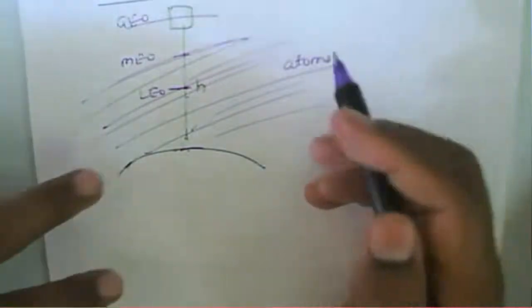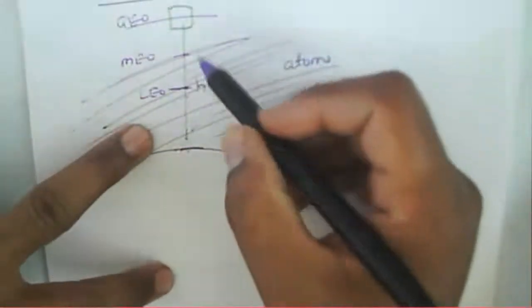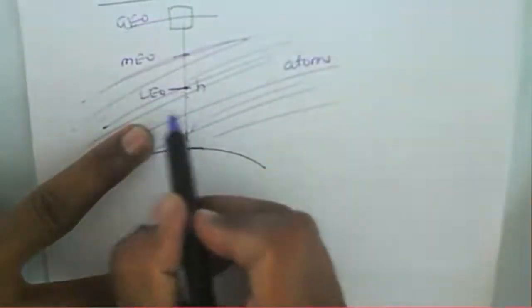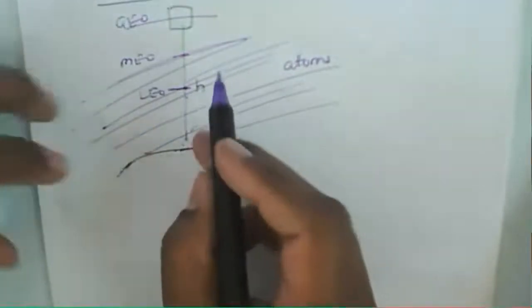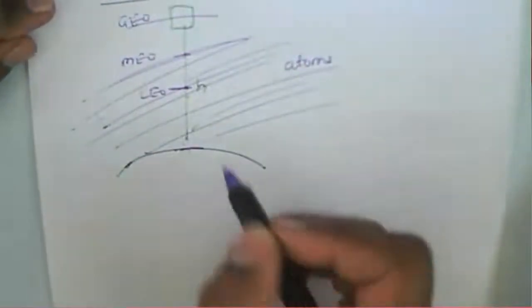Even nowadays with Starship, some spaceship burns at the time of coming down, because of atmospheric pressure.